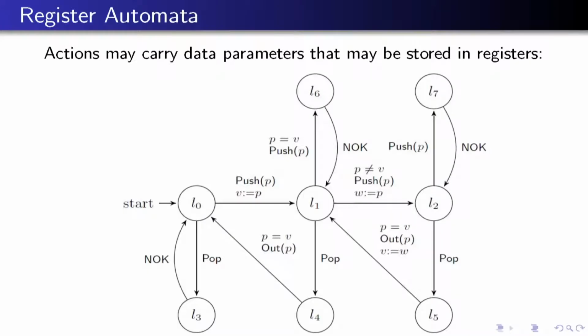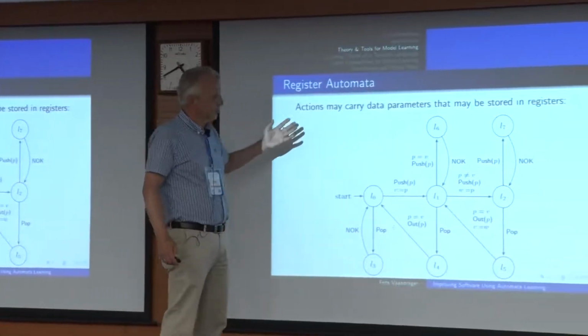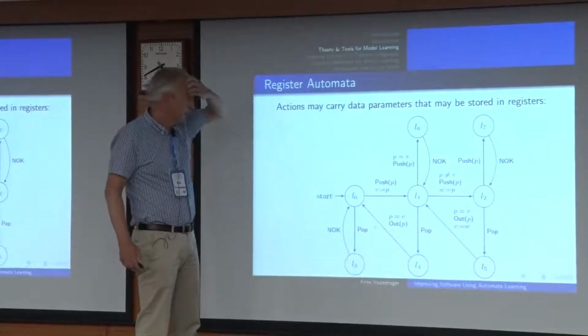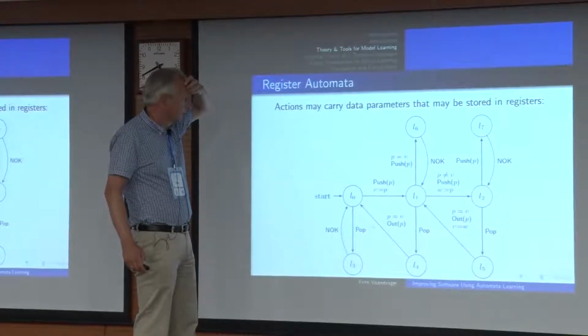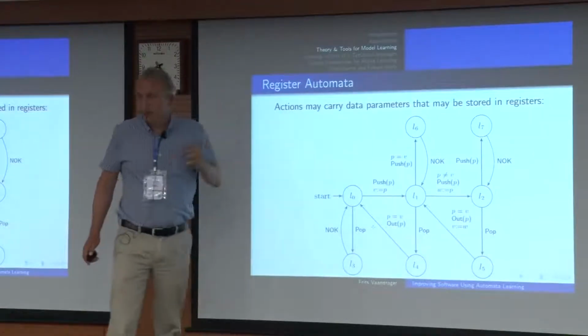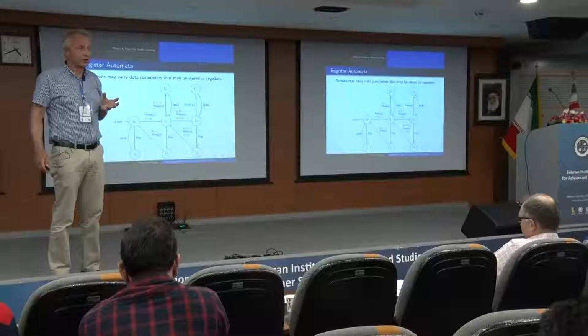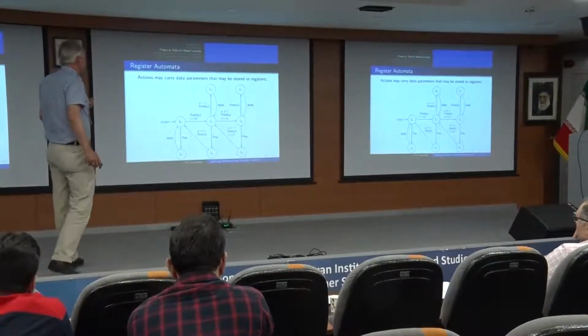Well, a major source of state explosions is, of course, data parameters, because those will lead to many inputs. An extension of finite automata that has been widely studied in the literature is register automata.